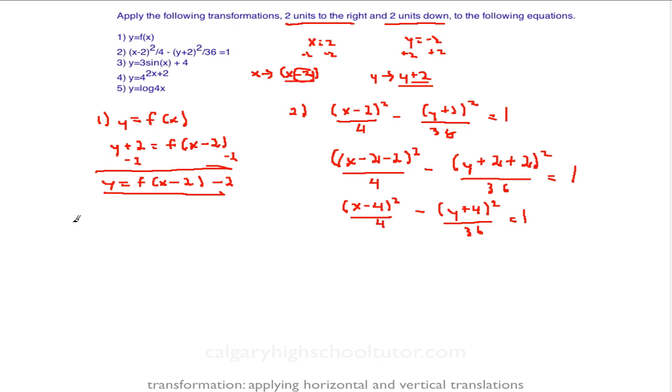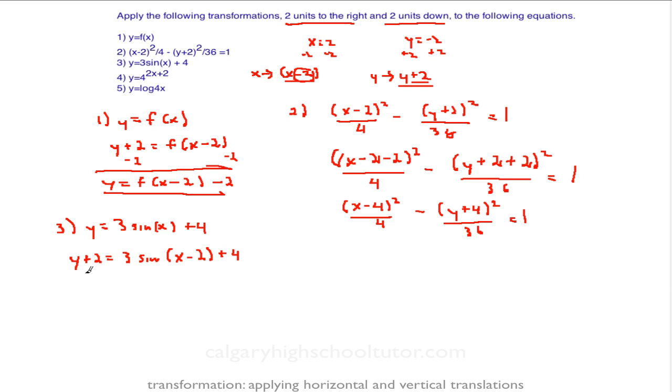Now for the third equation, which is a trig function, we're given y is equal to 3 sine of x plus 4. Likewise with the other equations, we substitute y as y plus 2, so y plus 2 is equal to 3 sine, and x will be replaced by x minus 2, so x minus 2 plus 4.